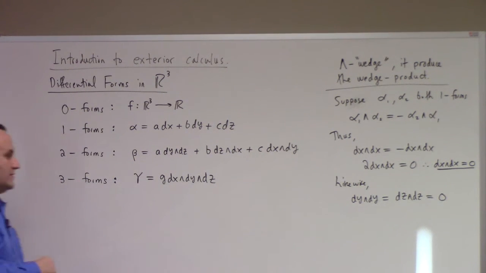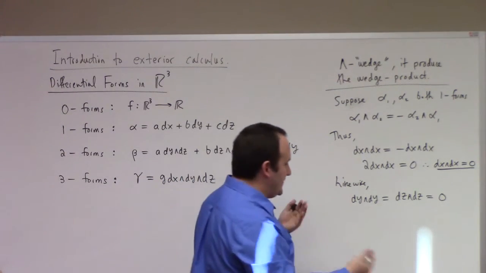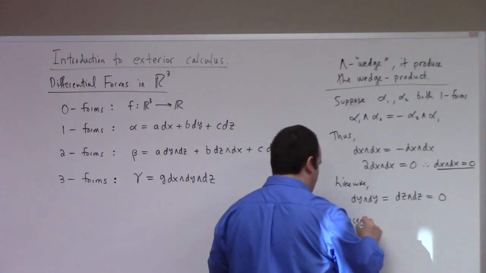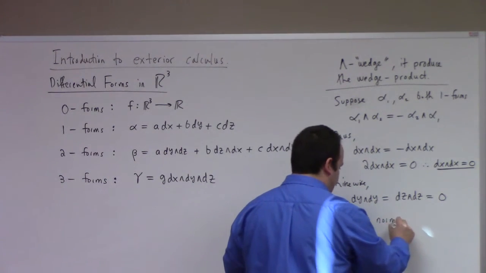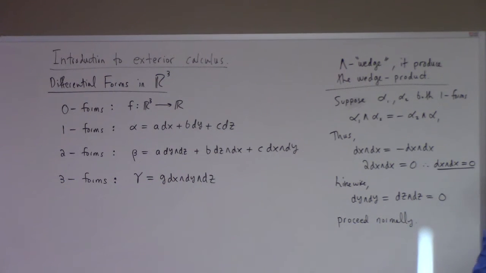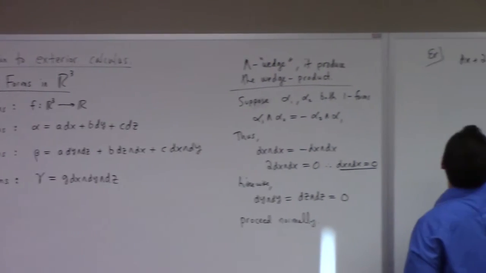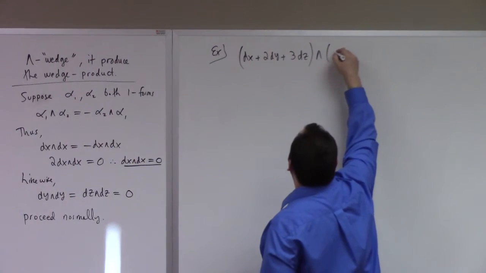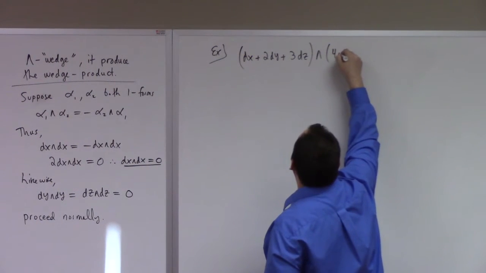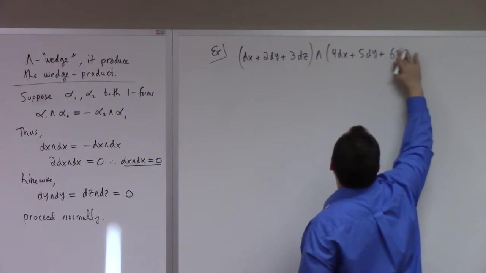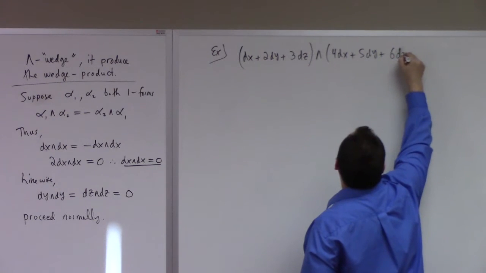Let me work an example. Now, furthermore, past this, basically, I would just say, in a nutshell, you proceed normally. Nothing to see here, all right? So, for example, if I had, say, dx plus 2 dy plus 3 dz, and I was to take the wedge product with, say, 4 dx plus 5 dy plus 6 dz, just to be boring, what would happen?